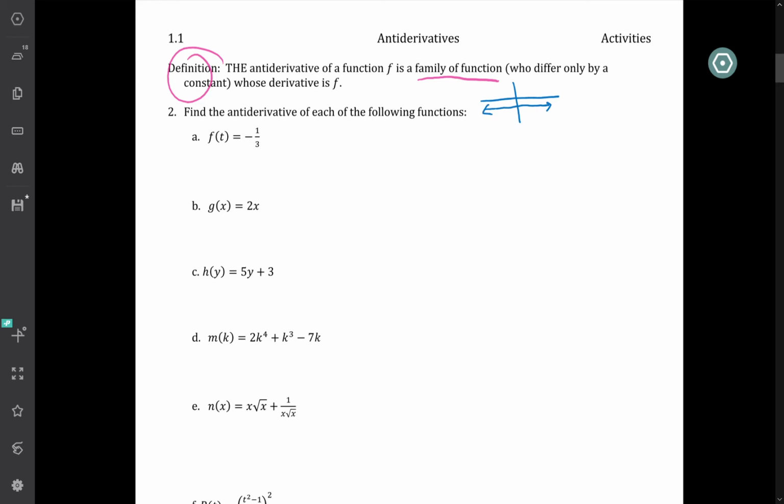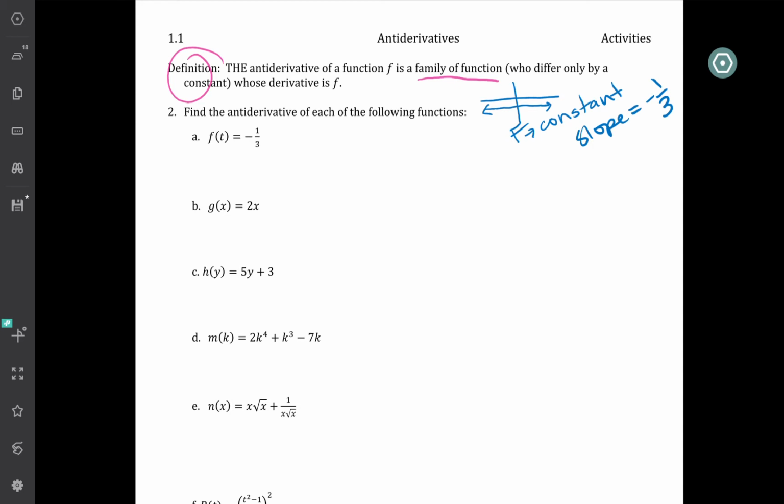So if our derivative has a constant y value, then the function that we started with has a constant slope. So this will be big F that we're talking about. Big F has constant slope equal to negative 1/3. So if we're looking for a function that has constant slope, that is by definition a linear function.